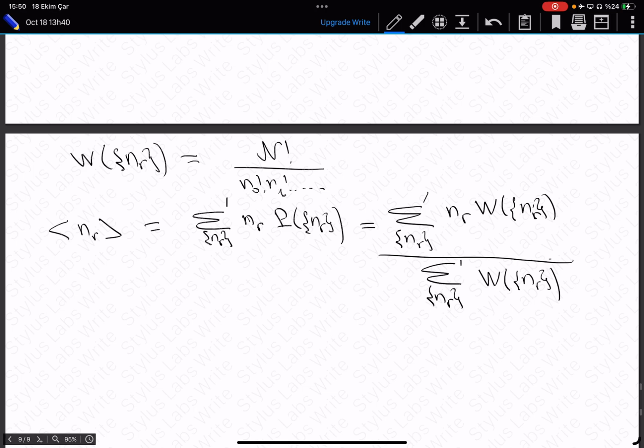And once I calculate this, the purpose is to show that this is equal to NR star. That is the eventual aim. So basically proving my claim that in the thermodynamic limit at least, any deviations from the most probable state will be negligible.